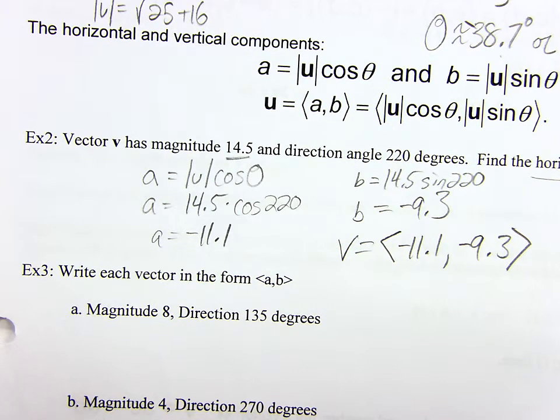Magnitude is 8. We're trying A, B, and C. Just A. Okay, I got it. If you feel like doing B and C, that's fine. Sure, man.